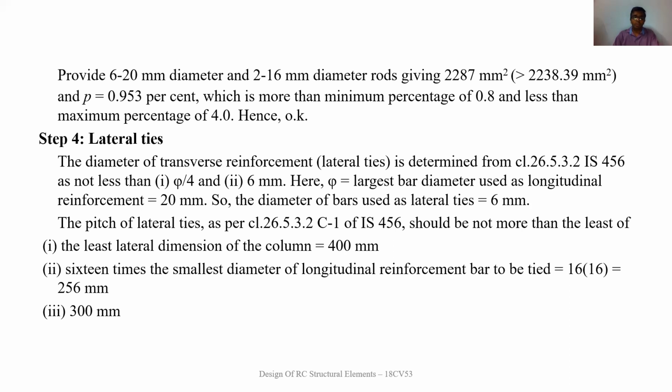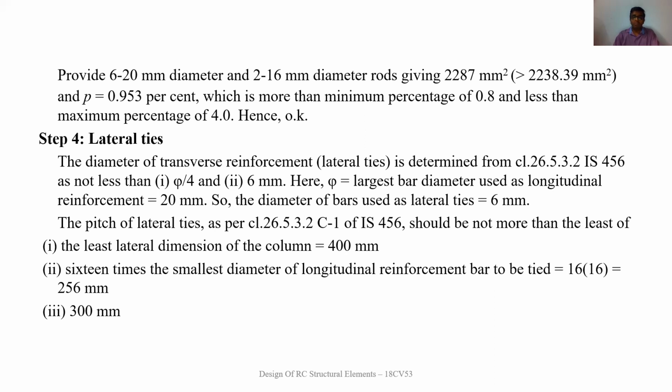Since in this particular problem, the maximum dia provided in the longitudinal reinforcement is 20, 20 divided by 4 or 6 mm, whichever is greater. So the diameter of the bar used as lateral tie is 6 mm.